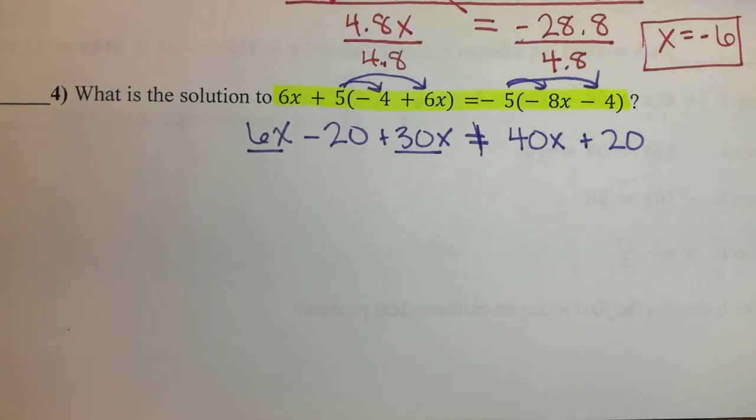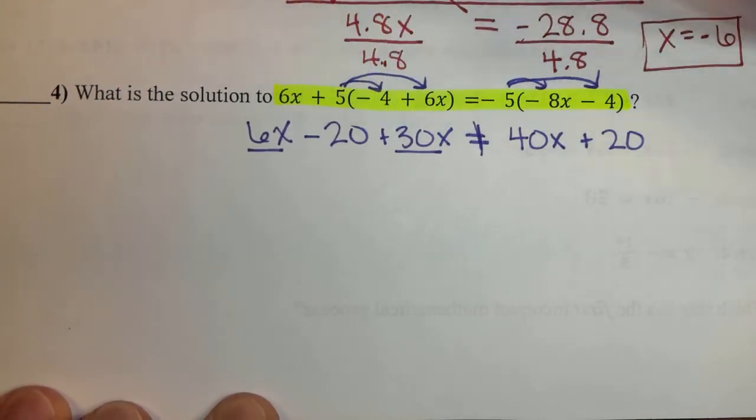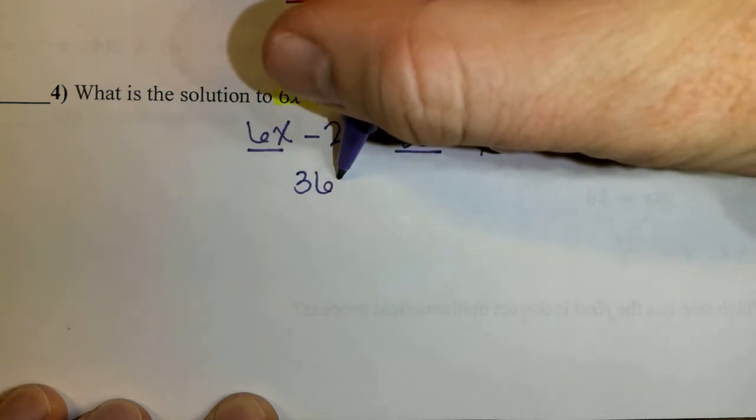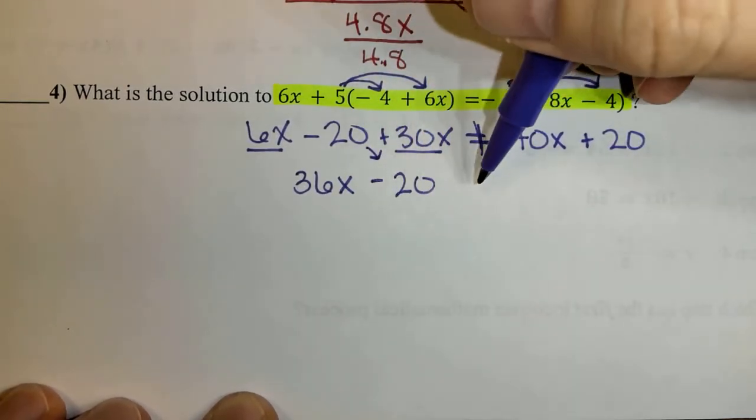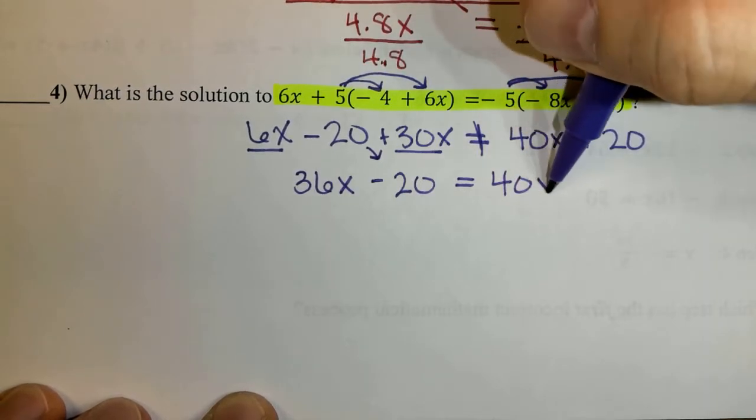So I have to combine those. It just makes it easier. Because if you don't, then it can get tricky later because you technically don't have to. But why have more numbers than you need? So I'm going to put these together. 6 plus 30 is 36x. I bring down my negative or minus 20. Everything else stays the same.